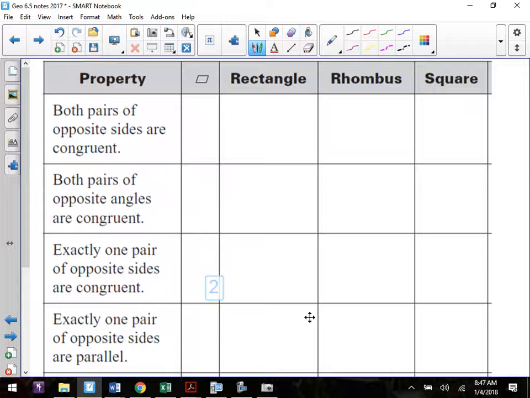Anyway, what I want to do here is I made this chart sheet. It's been a staple in geometry for like ever. What I want you guys to do real quick is to kind of go through this.